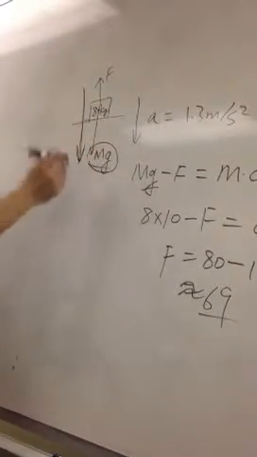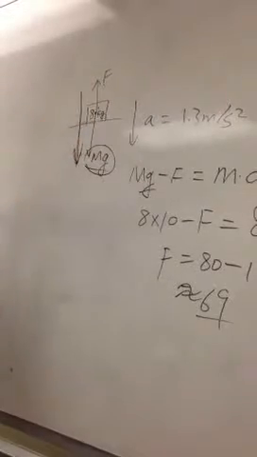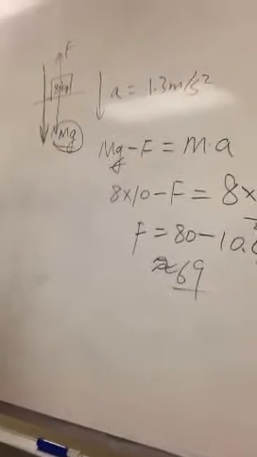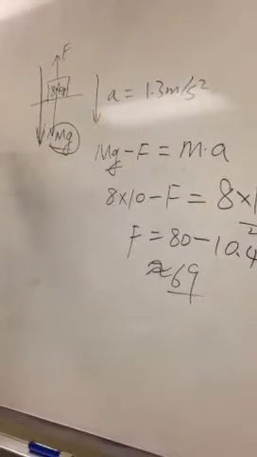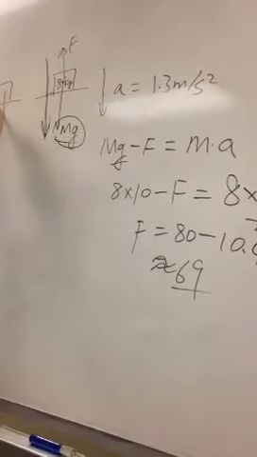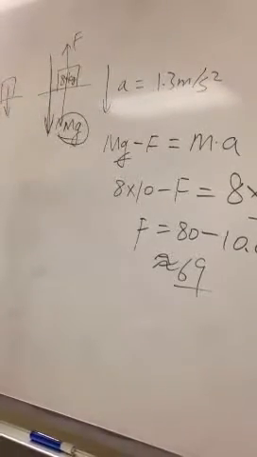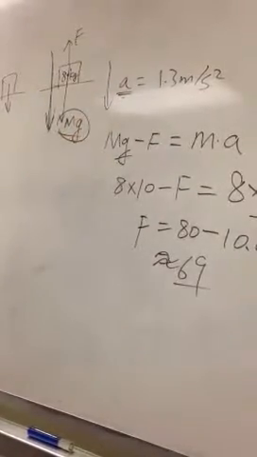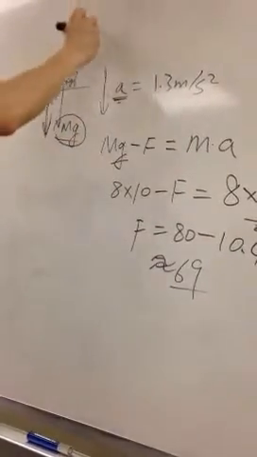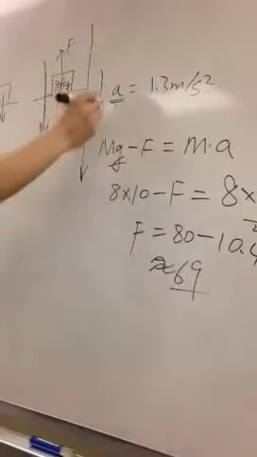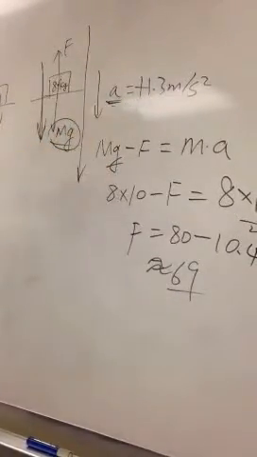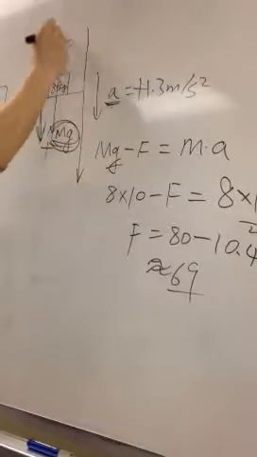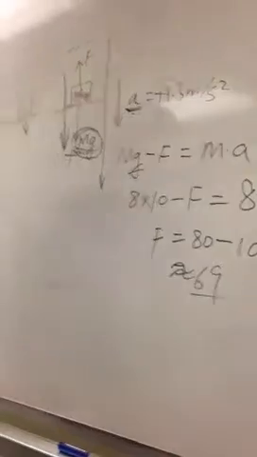So we know mg should be bigger, greater than F. Because the total force is like this. It depends on the acceleration, which way you consider is a positive. So if you think here is positive, the acceleration will be positive. And the mg will be positive, but this F will be negative.